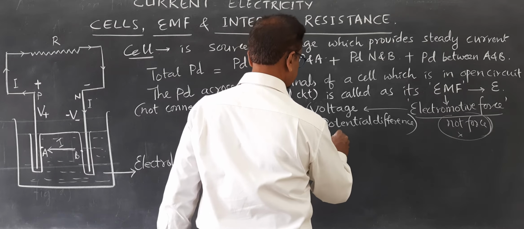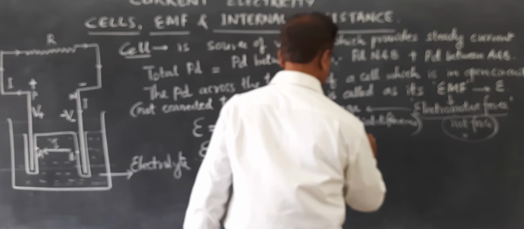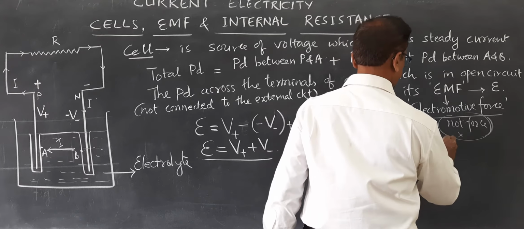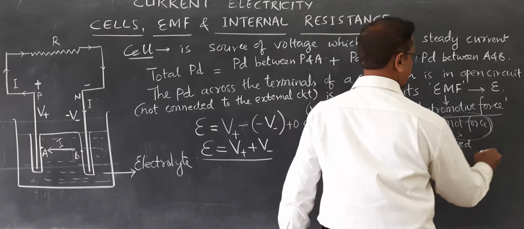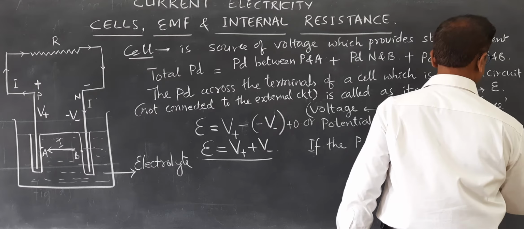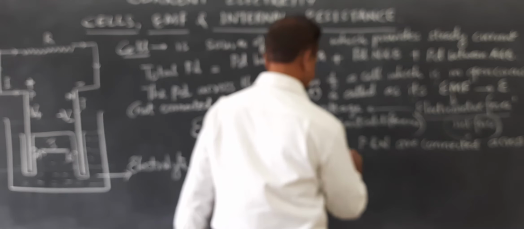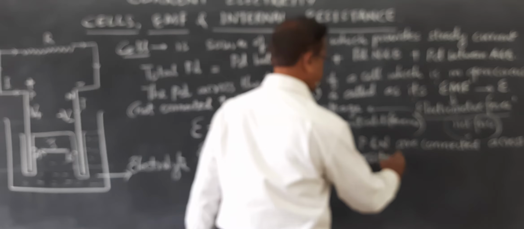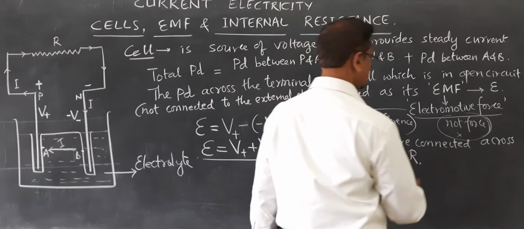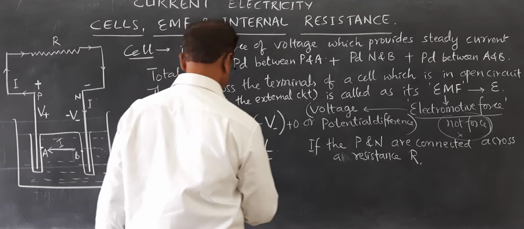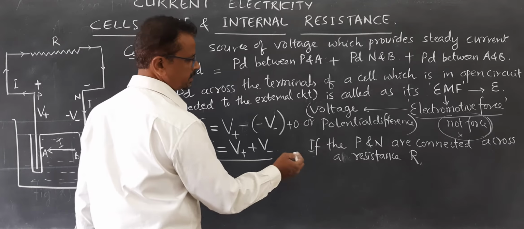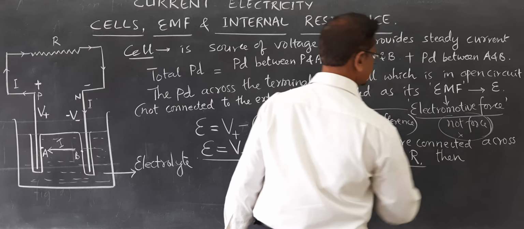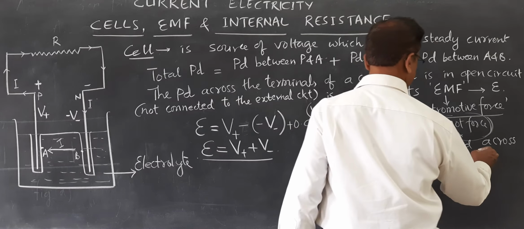Now, if the terminals P and N are connected across a resistance R, then what happens? Current starts flowing.